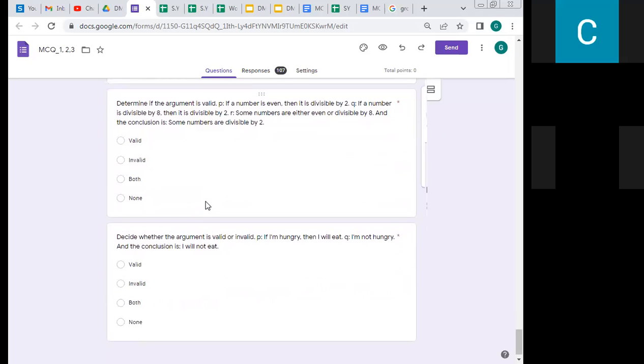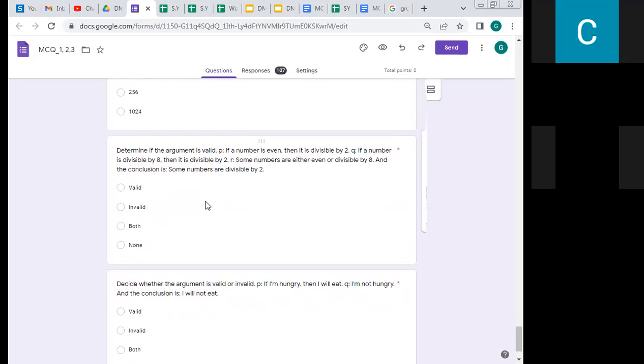Next question is determine if the argument is valid. P is if a number is even, then it is divisible by 2. Q is if a number is divisible by 8, then it is divisible by 2.